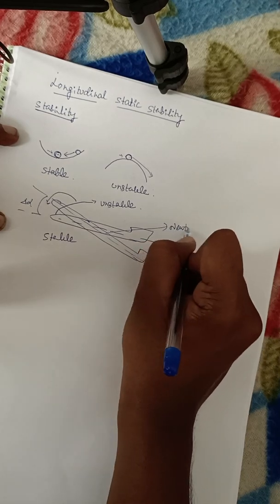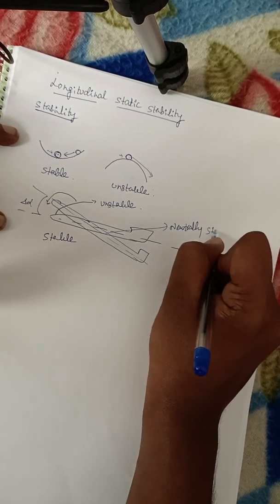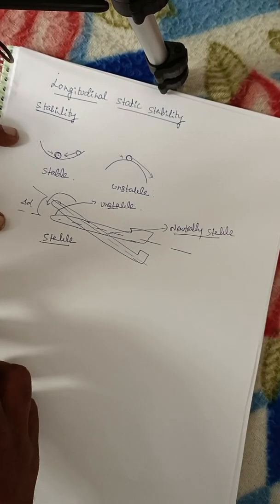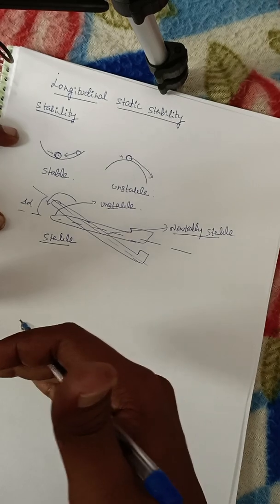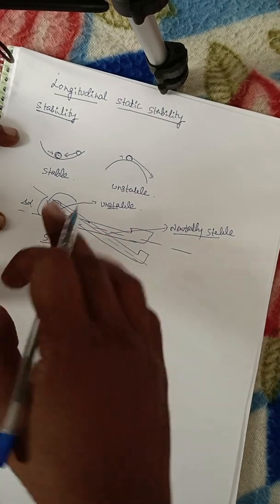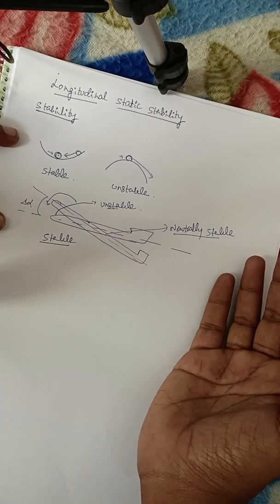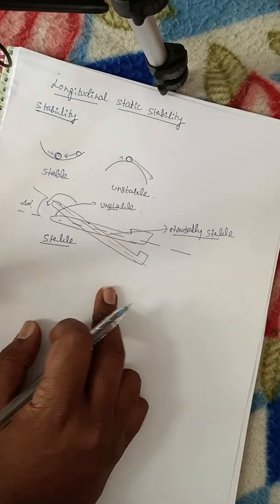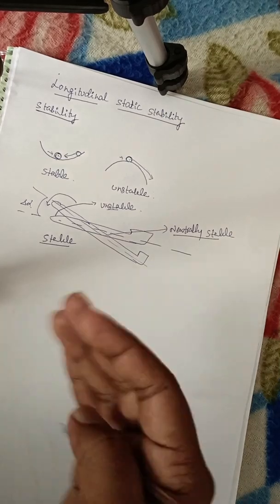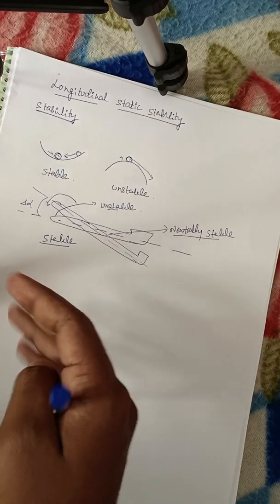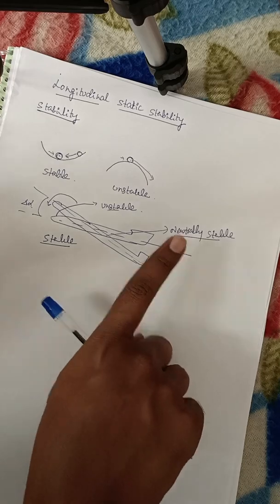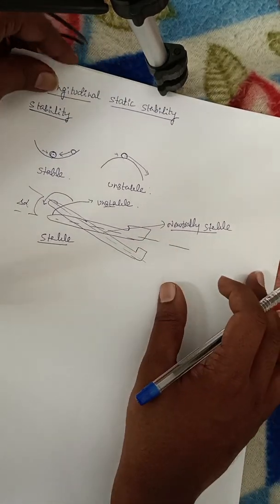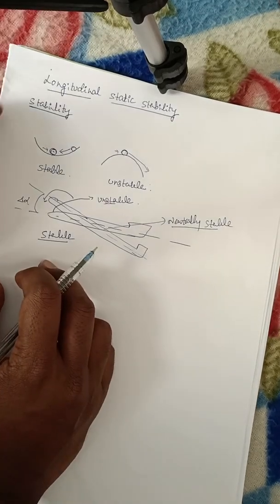So this is stable, this is unstable, this is neutrally stable. If a body tends to come back to its original position, that is stable. If it tends to go away from the equilibrium position, that is unstable. If a body continues in the new, disturbed position, then it is neutrally stable. This is all about stability. This is basic, you should know this.